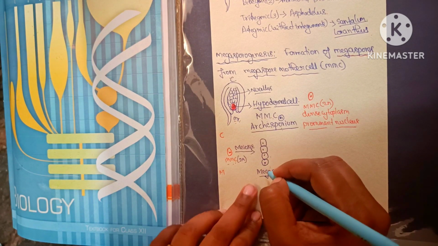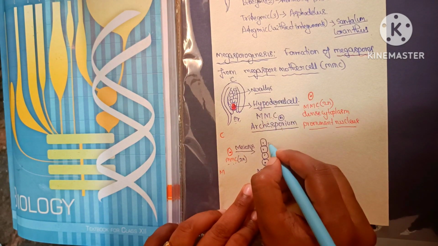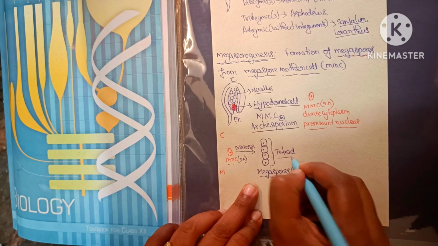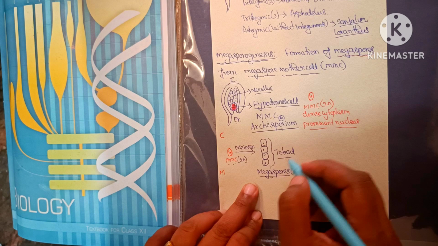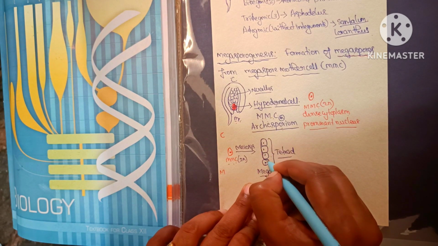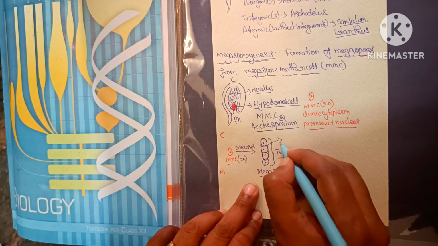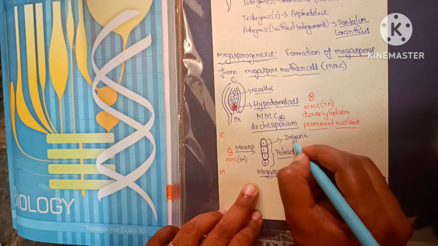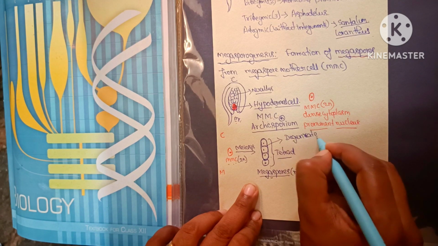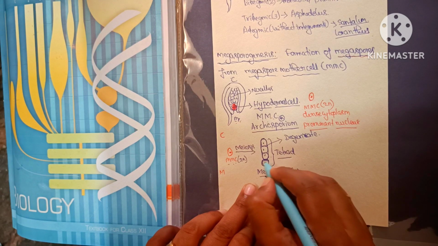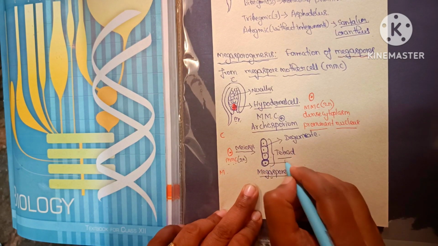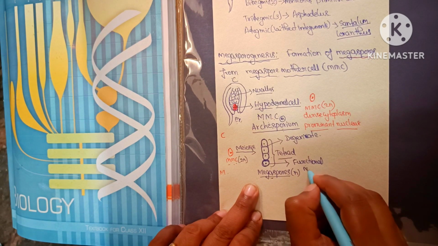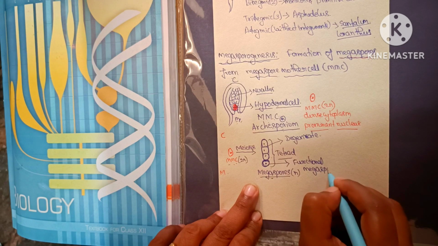Now, how many megaspores are formed in total? Four megaspores are formed, and this is called the megaspore tetrad. Tetra means four. Now the important thing we need to remember is that the three megaspores present towards the chalaza will degenerate. That means they do not convert into anything. And the one megaspore present towards the micropyle will become the functional megaspore.